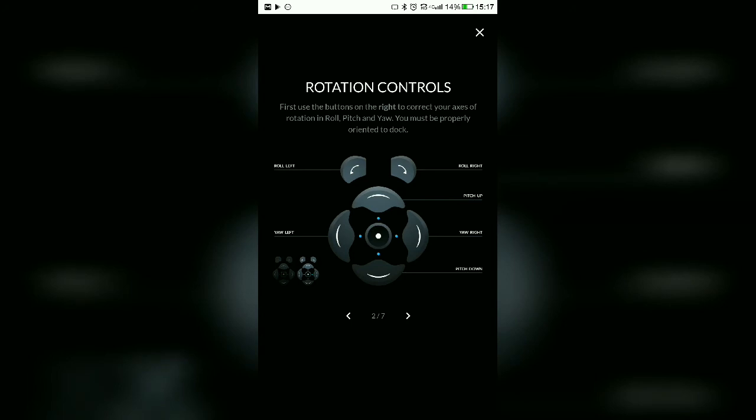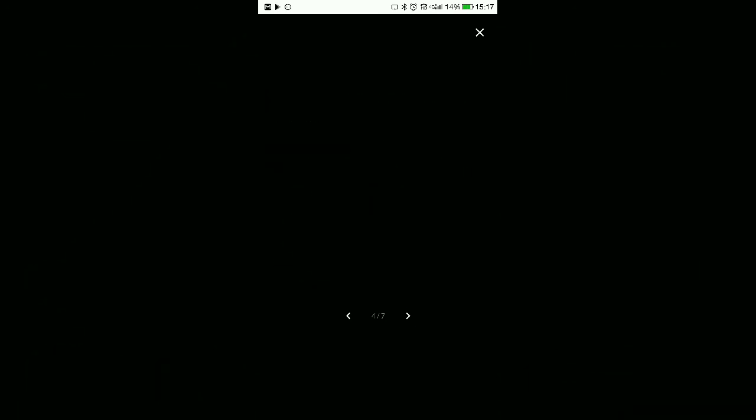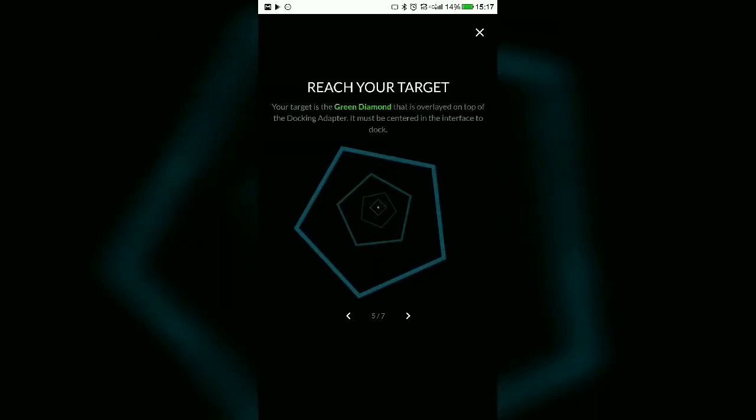Now these are the buttons which I'll show you during the simulation. There will be hexagon shaped shapes through which we need to push the Dragon vehicle towards the docking point.